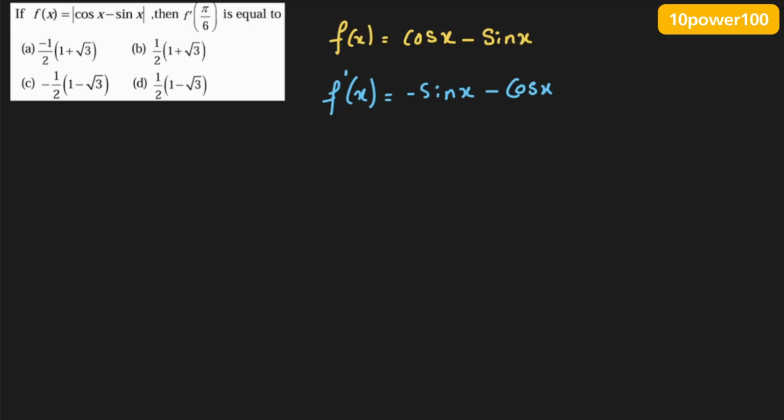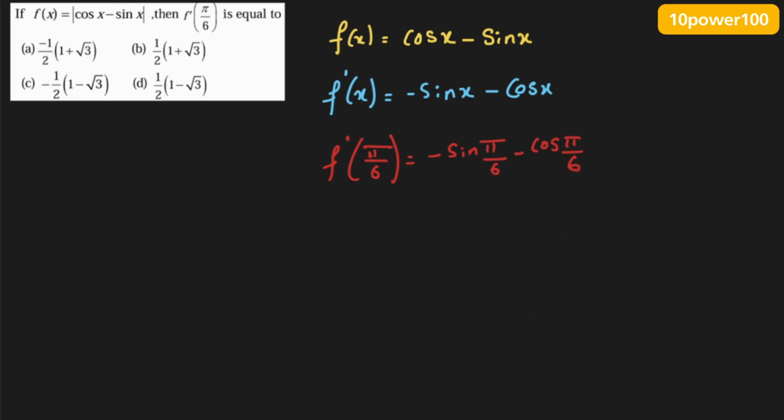Now let's substitute this value. They're asking us to find f dash of pi by 6. So f dash of pi by 6 is nothing but minus sin pi by 6 minus cos pi by 6.